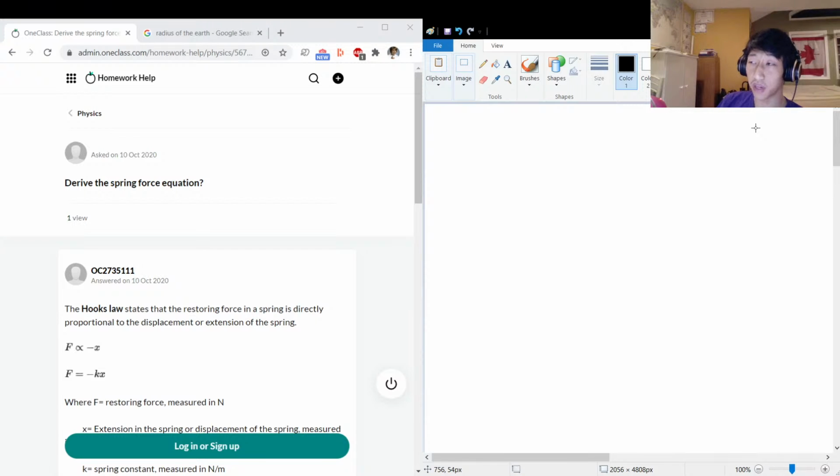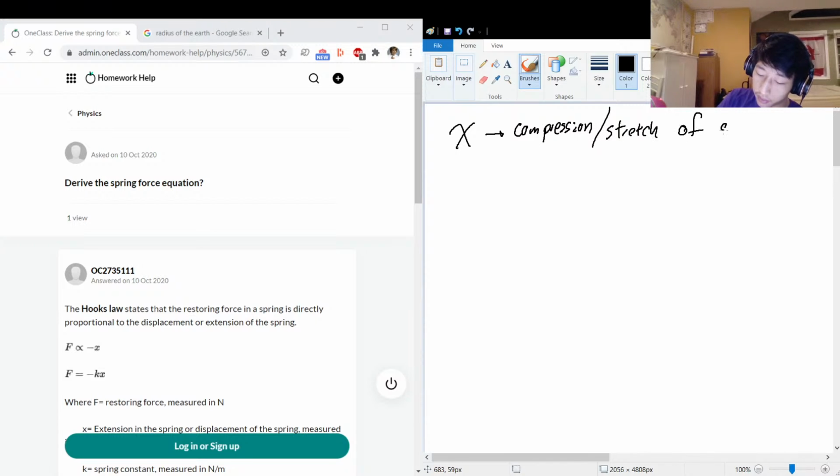So the force of a spring is proportional to how much you compress or stretch it, and that compression or stretching is represented with x, the compression or stretch of the spring.